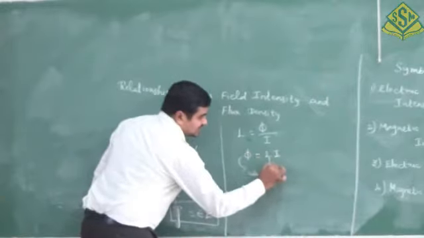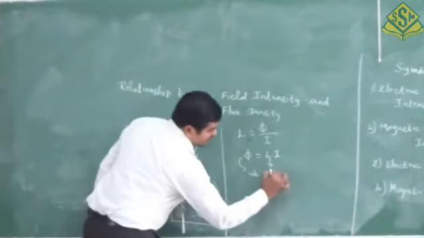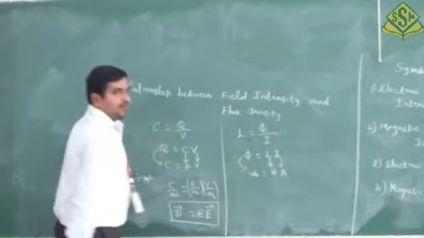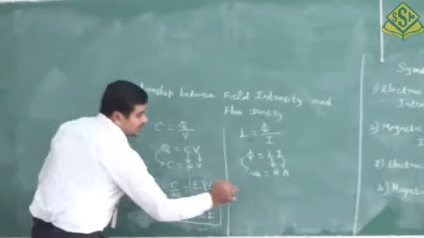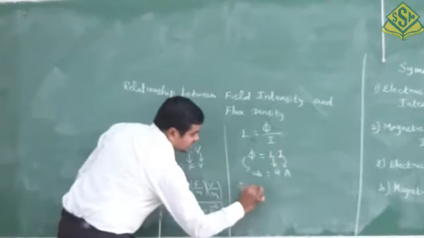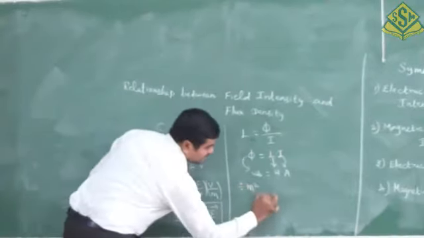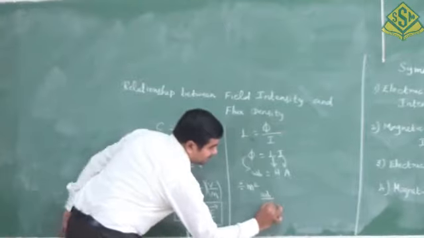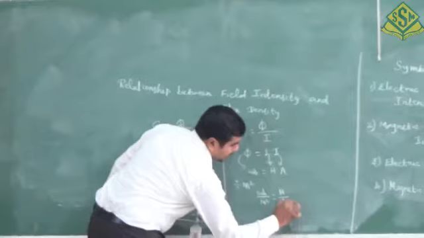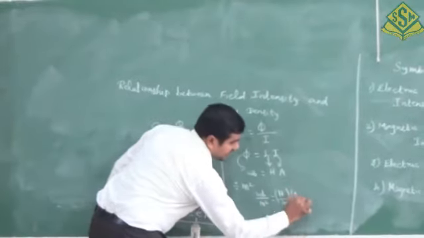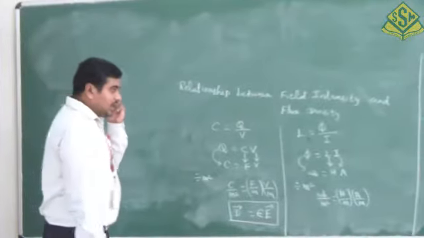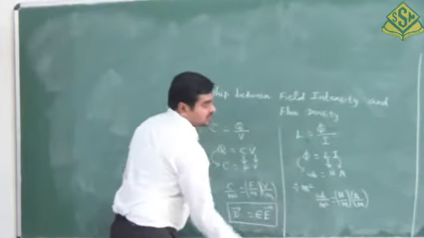Likewise, this has a unit of Henry and current is ampere. Then we are going to divide meter square on both sides. So Weber per meter square is equal to Henry per meter into ampere per meter.